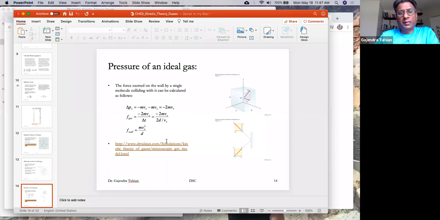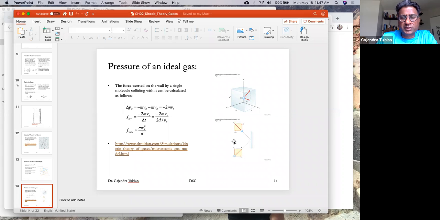What this is showing you is this molecule, with its velocity, the x component of the velocity, and the y component of the velocity. You see the y component does not change, only the x component changes.